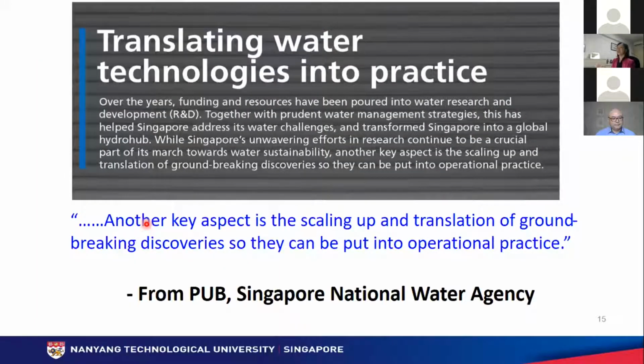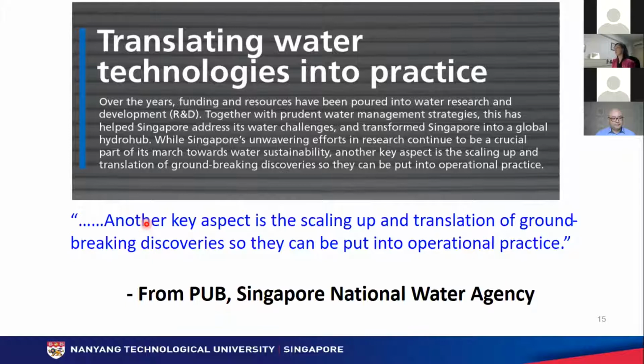In addition to the R&D in the laboratory, the funding agency like PUB, Singapore's National Water Agency, calls for technology translation of those groundbreaking discoveries. Laboratory study is not sufficient. A lot of funding resources go into the water and membrane domain.